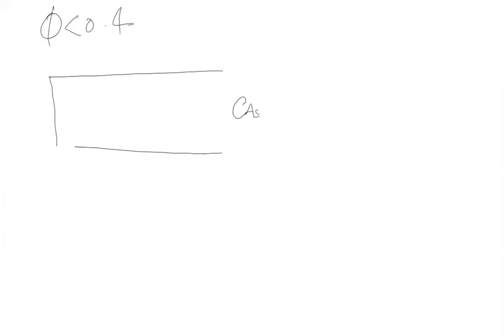So let's say phi is less than 0.4. How does this look? The pore is something like this. The concentration of species, let's assume it is 100, is almost 100 throughout the pore: 100, 99, 99, something like this.